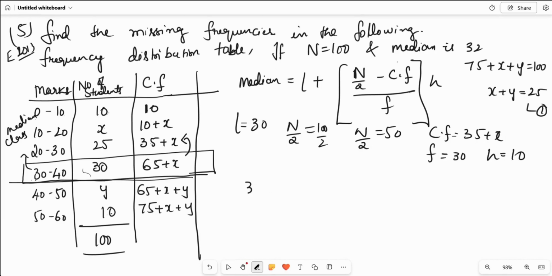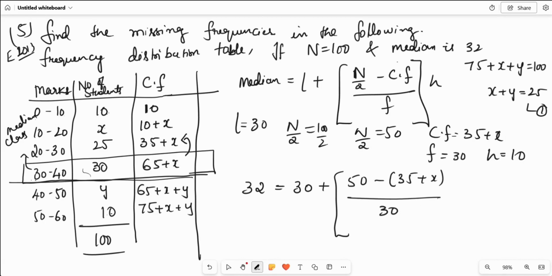Now substitute. Median is what? 32. That is equal to L is 30 plus n by 2 is 50 minus of 35 plus x. Minus is there for both. Okay. F is 30. H is 10. Since it is multiplication here, these two are multiplication, I can cancel.